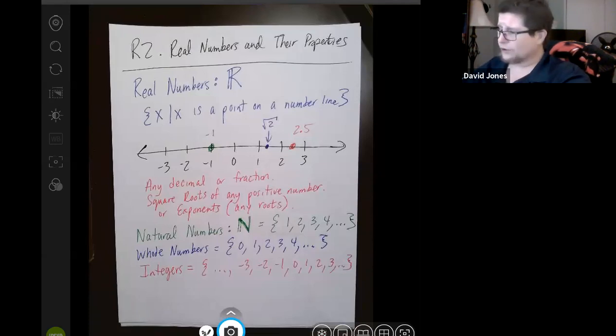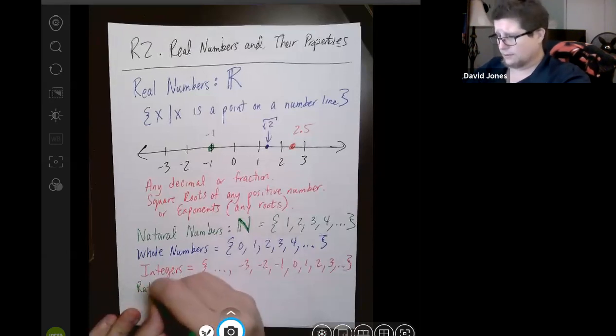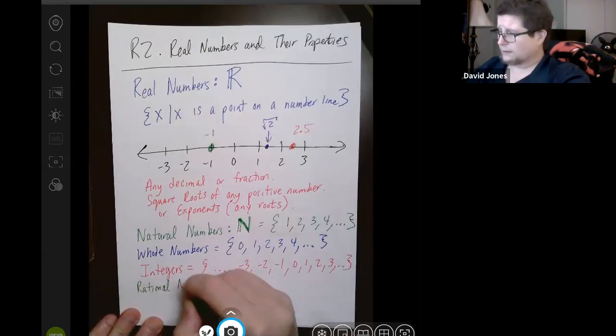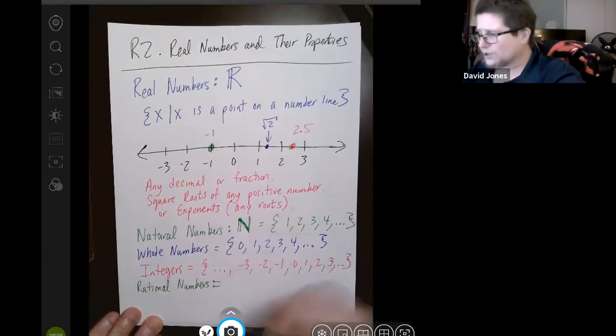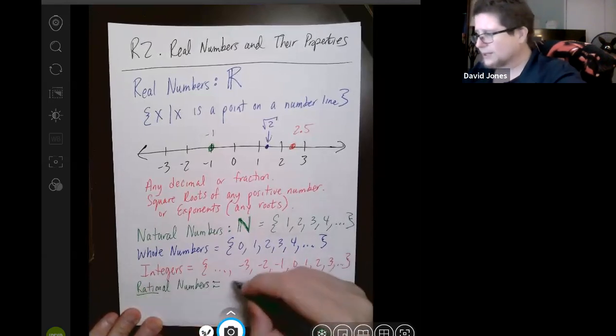We have rational numbers. And there's a lot of overlap here, if you can tell. Rational numbers has the word ratio in it, and a ratio is a fraction. So fractions count in this.